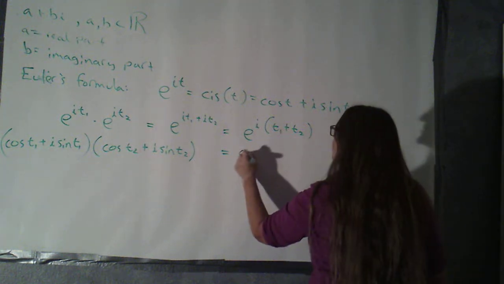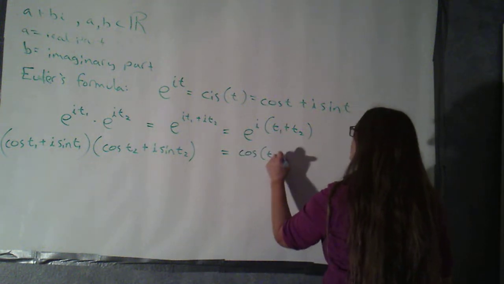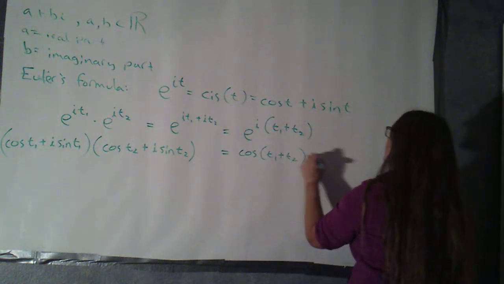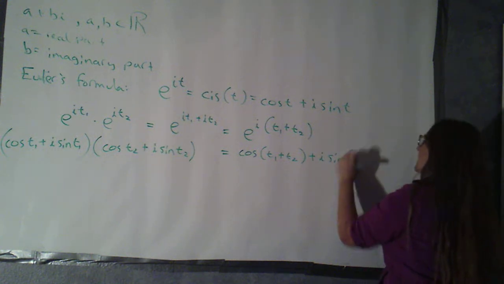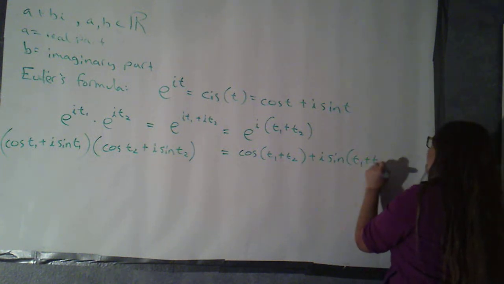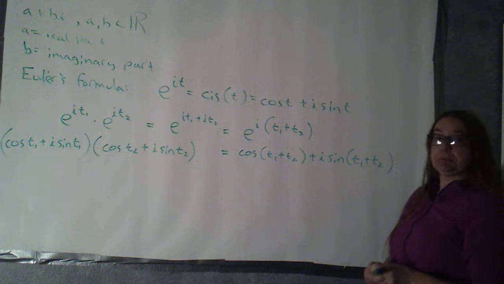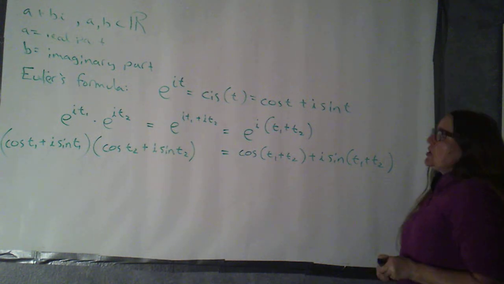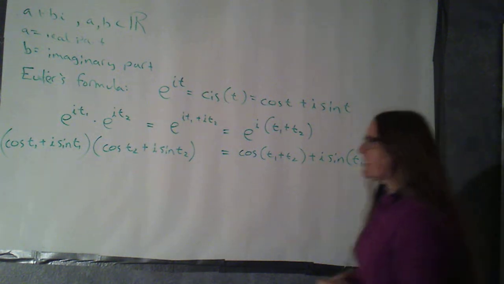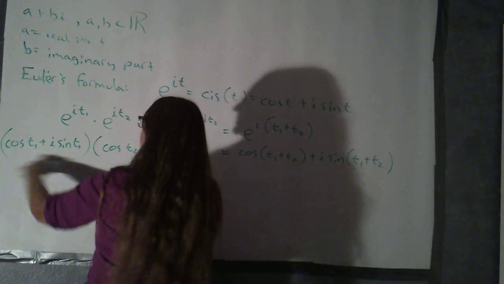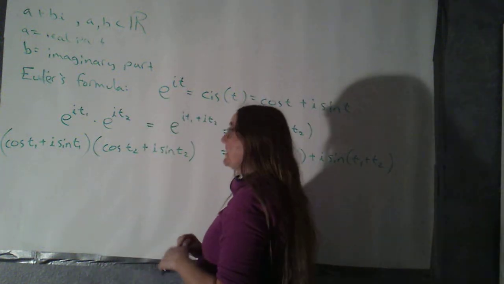So here, this should be cosine of (t1 plus t2) plus i times sine of (t1 plus t2). So, let's work this out. If I were going to multiply this out, I just FOIL this out.